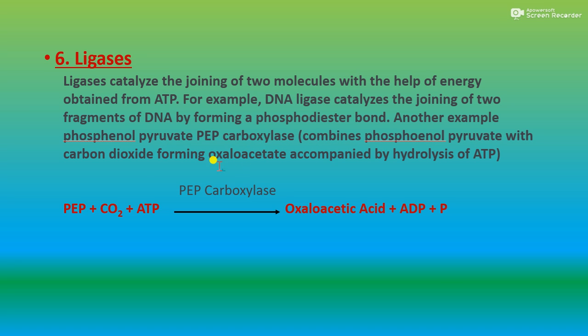Another example is phosphoenolpyruvate carboxylase, PEP carboxylase, which combines phosphoenolpyruvate with carbon dioxide to form oxaloacetate, accompanied by hydrolysis of ATP.